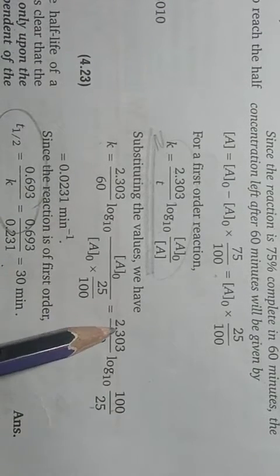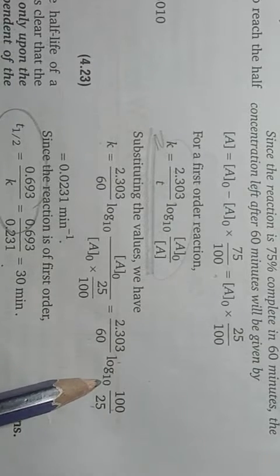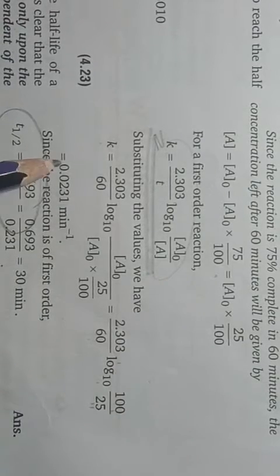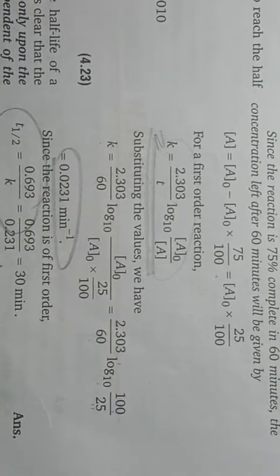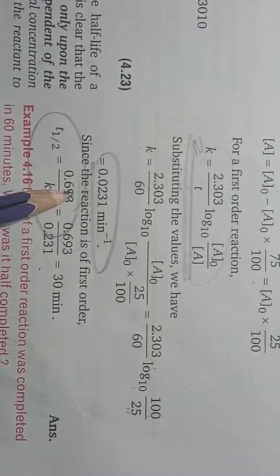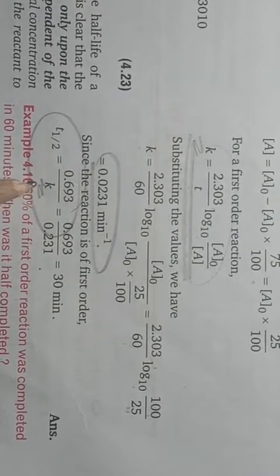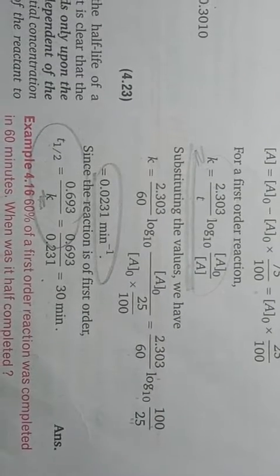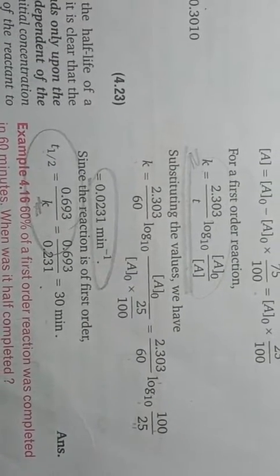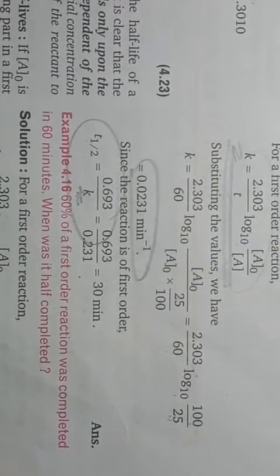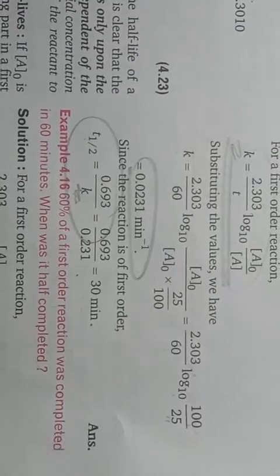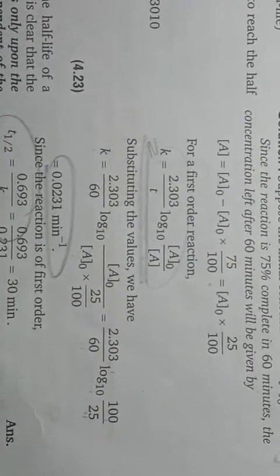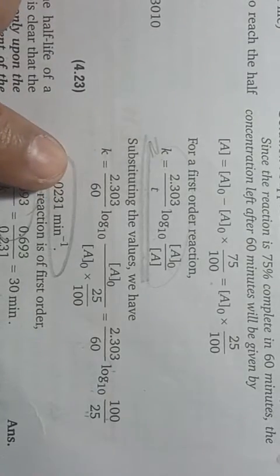K will be equal to 2.303 upon 60 log base 10 of 100 upon 25. So the value of K will be 0.0231 per minute, and we will use this value here. After using this value, T half will be 30 minutes. So these are typical examples. Such examples, based on the rate equation of first order reaction and its half-life, are very important. Okay, students, so you have to practice such numericals for your board examination.